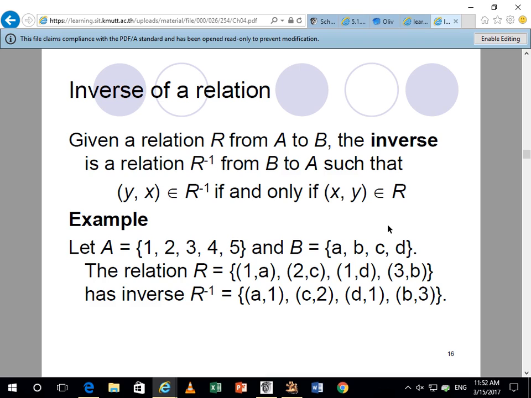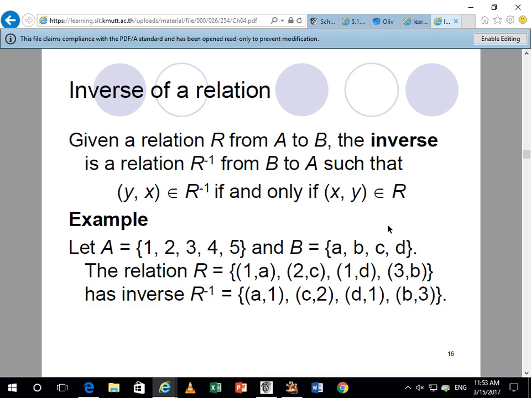So A is 1, 2, 3, 4, 5, and B is lowercase letters, a, b, c, d. So the relation we can define, one possible relation is 1a, 2c, 1d, 3b.